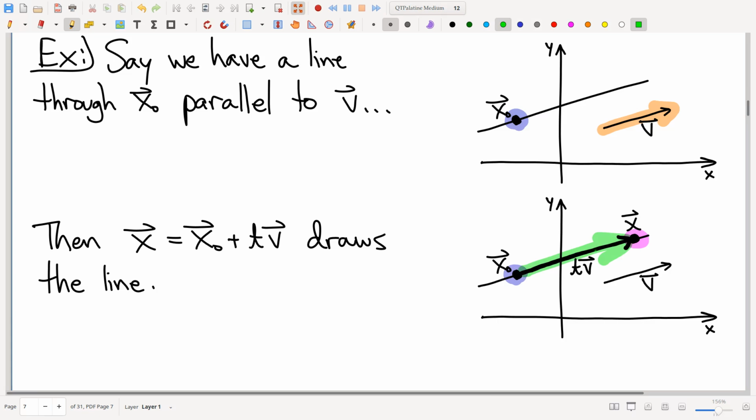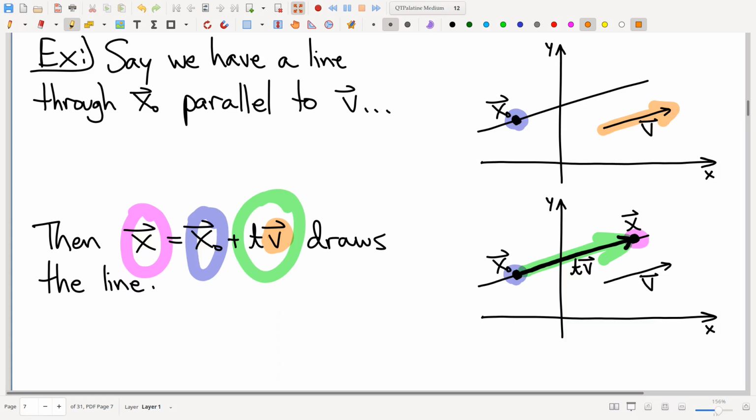That means that this difference is a multiple of v, and that means that x is x naught plus tv, namely a scalar multiple of v. So nice little handy-dandy formula. If you have a point and a direction vector, that is a parameterization for that line.